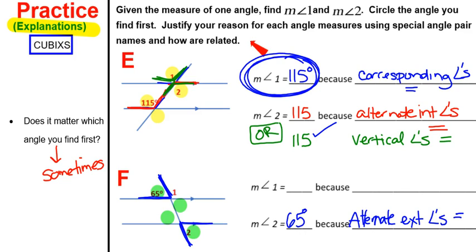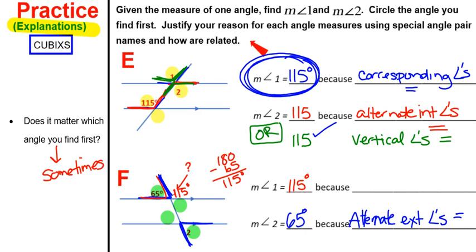Then I have to figure out what is angle 1. Well, remember, everything in here is either going to be 65 or the supplement. So I subtract, and I get 115 degrees. I know that this angle 1 has to be 115 degrees. The question is why? And I can do one of two things.